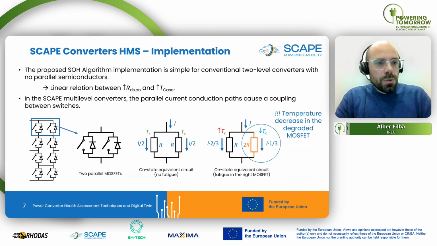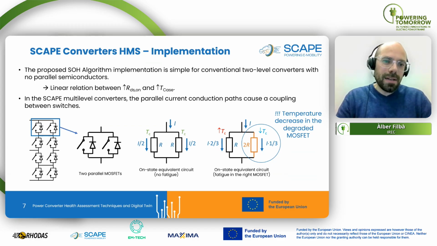The proposed SOH algorithm is quite simple if we consider the conventional two-level converters, especially if there are no parallel semiconductors in the structure. Because then we have a quite linear relationship between the increase in the on-state resistance due to degradation and the increase in the MOSFET's temperature.